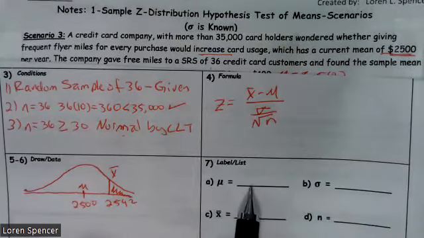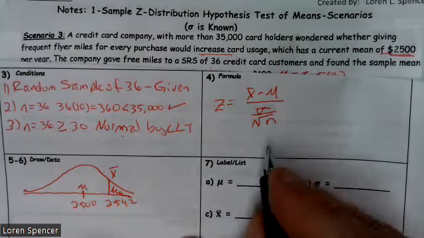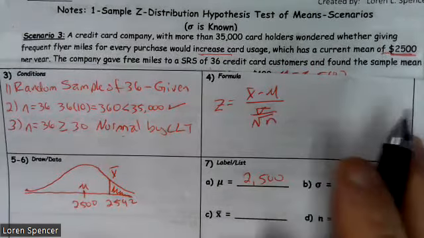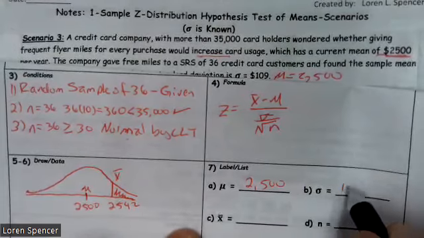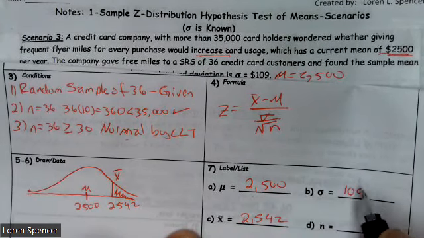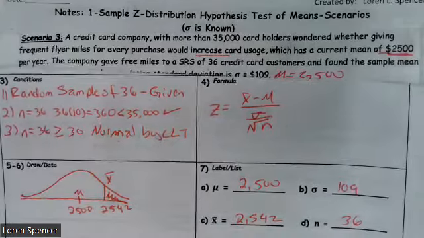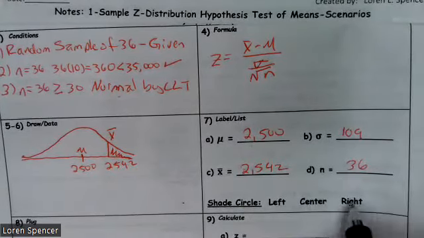Let's write down our plug-ins. Our mean was 2,500, the standard deviation they told us was 109, the x bar is 2,542, and our sample size was 36. When we look at our graph, it's very obvious that we shade to the right.